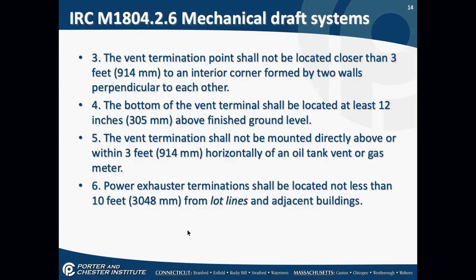Why don't we allow terminations to be closer than 10 feet from lot lines? That's your property lines or adjacent buildings. We don't allow power exhaust terminations to be closer than 10 feet to a lot line or an adjacent building. Why?